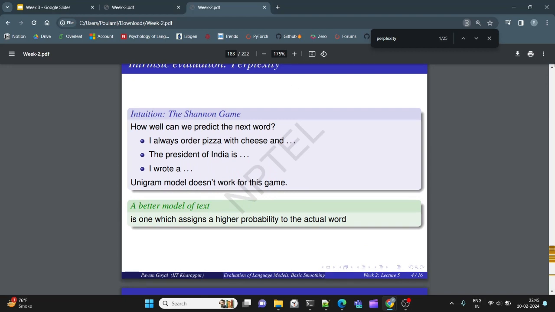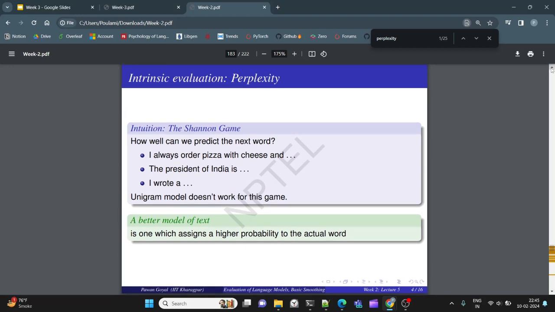The intuition of perplexity can be best explained with the Shannon game. In the Shannon game we ask the question, how well can we predict the next word, or how well a language model would be able to predict the next word. So here, let's take the first sentence: I always order pizza with cheese and dash. So here the model needs to predict the next word.